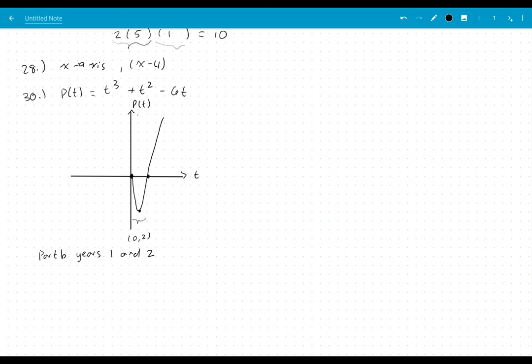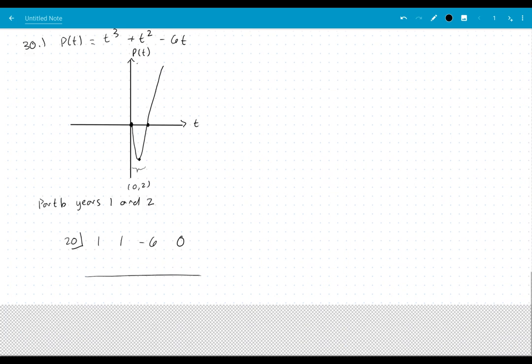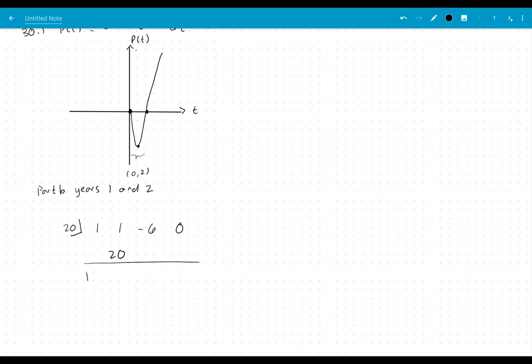Well, that means that we have to plug 20 into the equation. And we can do this pretty easily just by putting 20 here and then 1, 1, negative 6, 0, and calculating that. And we get 21 times 20 is equal to 420. 420 minus 6 is 414.